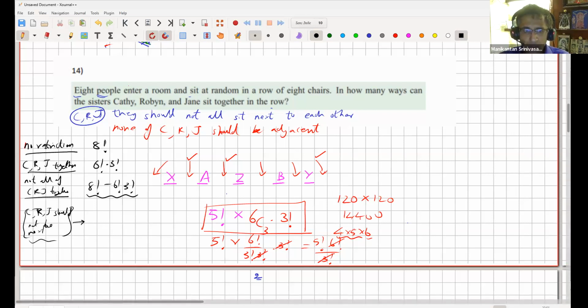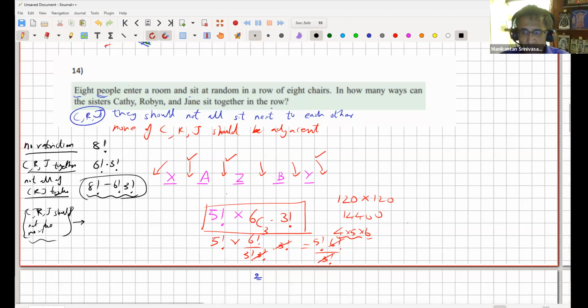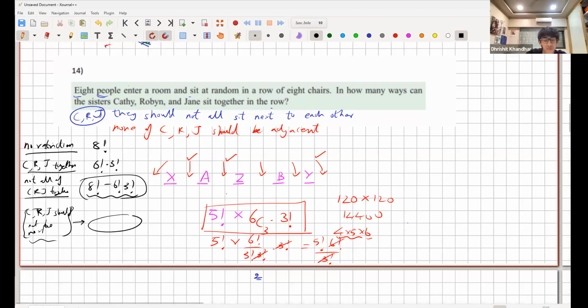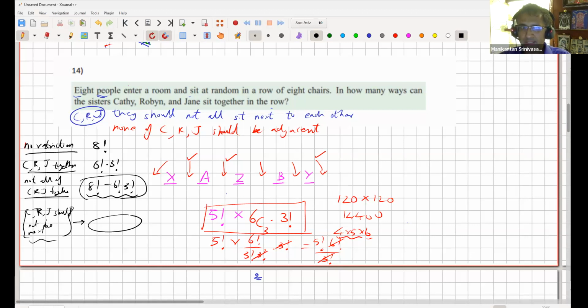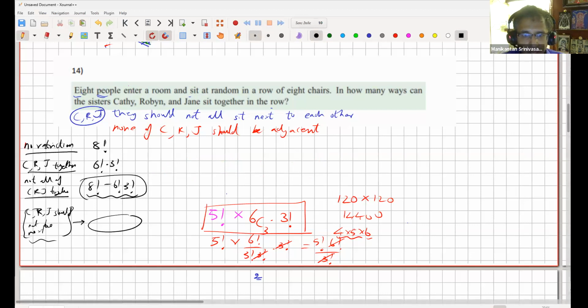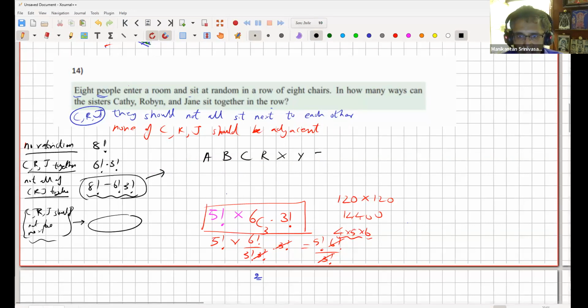Correct. So in fact, not all together will be a superset of this, right? So why are you subtracting that? An example for not all together would be, let's say, A, B, C, R, X, Y, Z, J, where C, R, and J are the sisters.